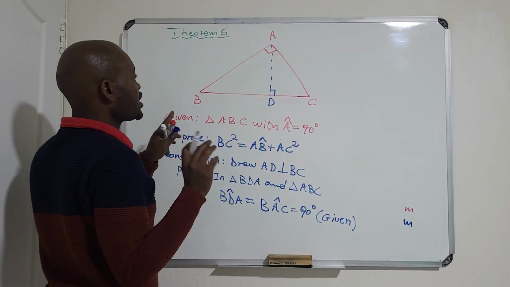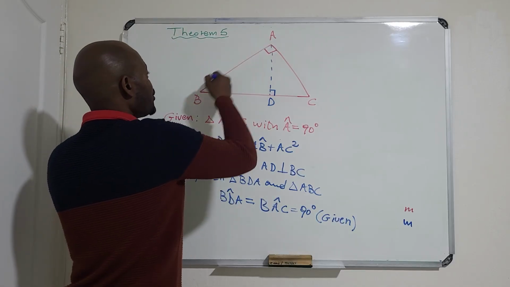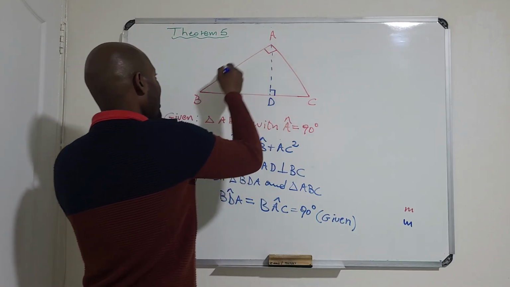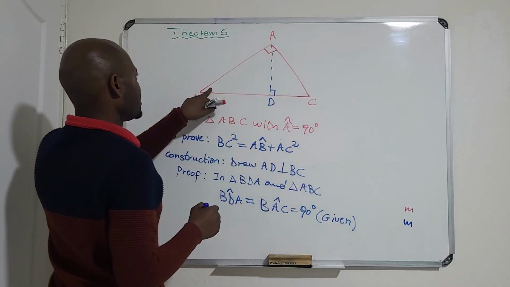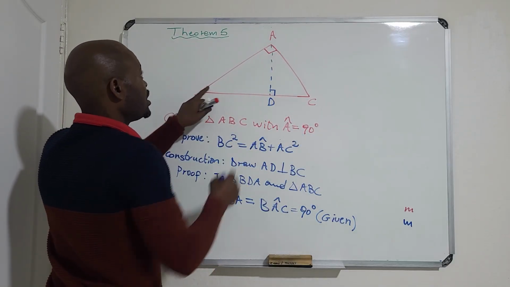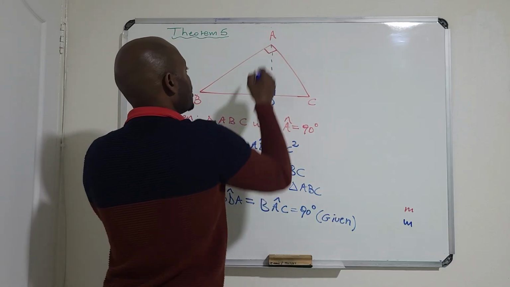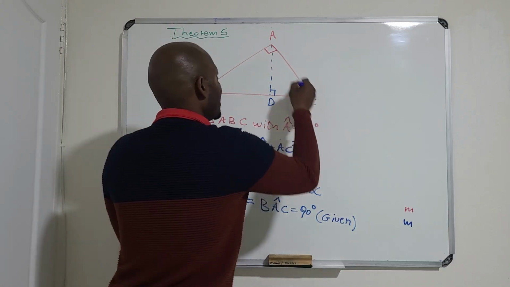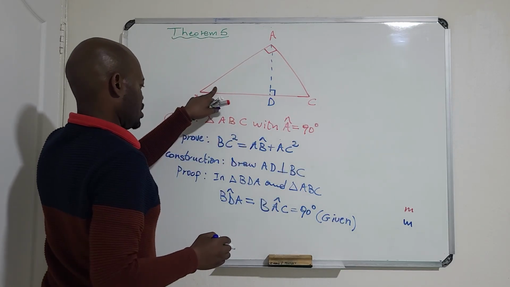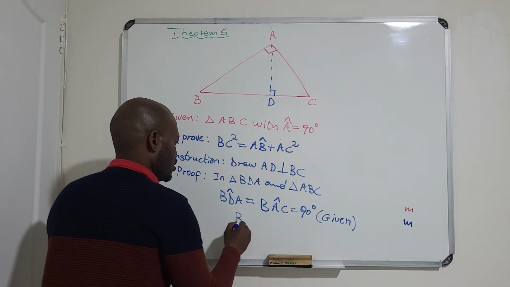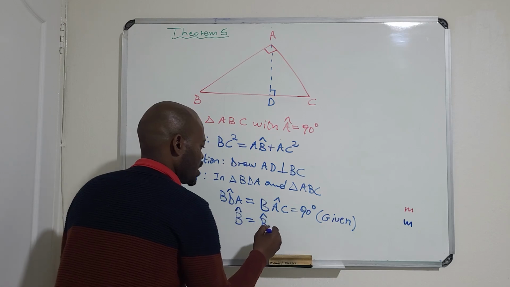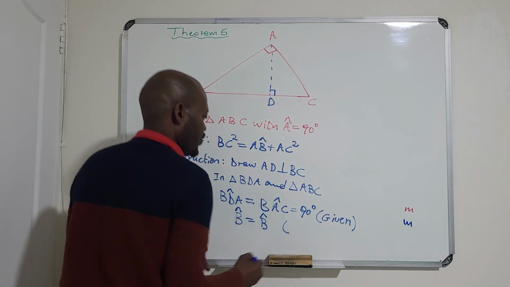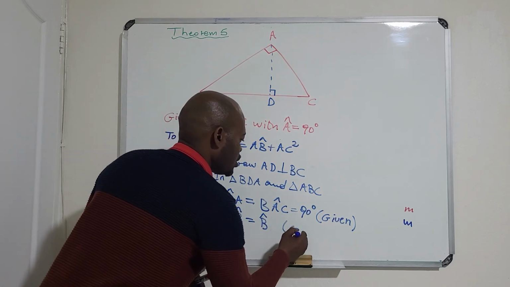We are proving that this triangle is equiangular to this triangle. Therefore, angle B is equal to angle B, because B is common to this triangle and this triangle.